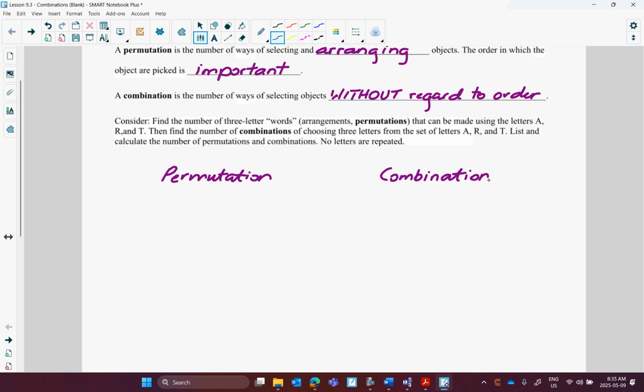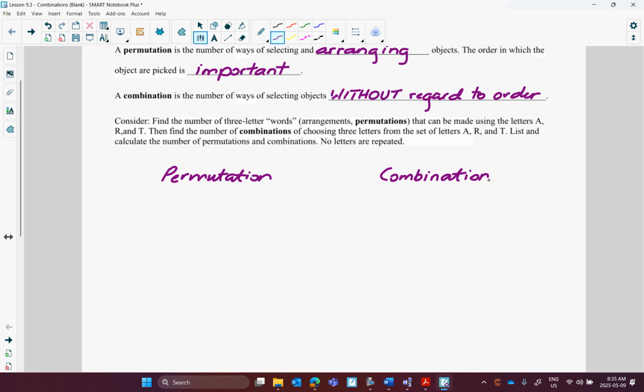Find the number of three-letter words, arrangements, or permutations that can be made using the letters A, R, and T. Then find the number of combinations of choosing three letters from the set of letters A, R, and T.